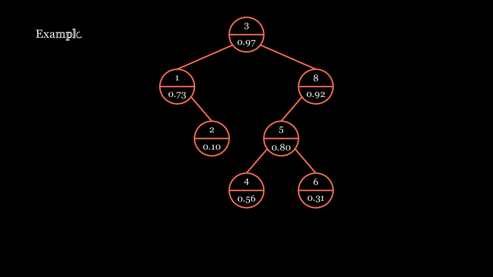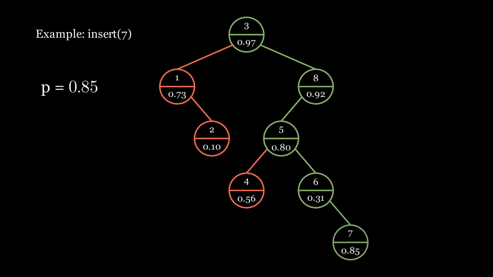Let's look at an example. Let's insert 7 back into the tree. The first step is to generate the priority value for 7. Okay, it looks like we landed on 0.85. So first let's search for where 7 should be in the tree. Now let's go ahead and add it to the right child of 6.